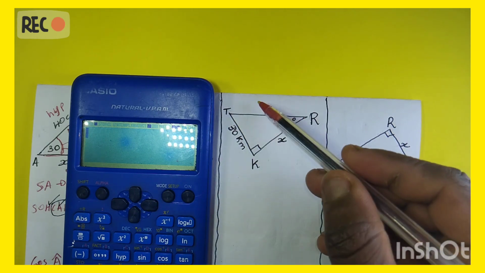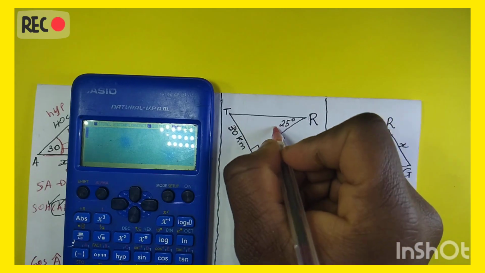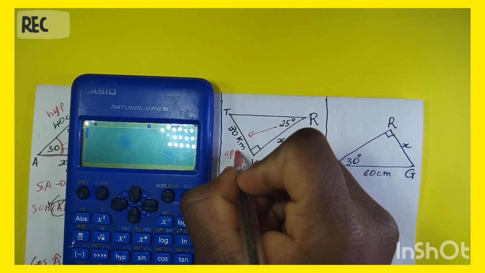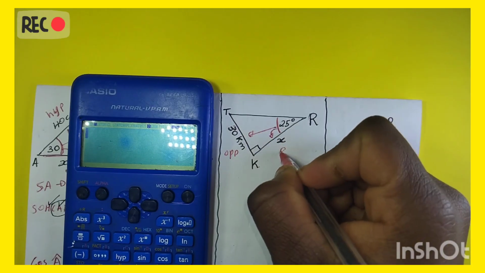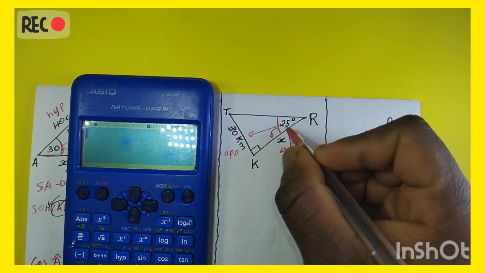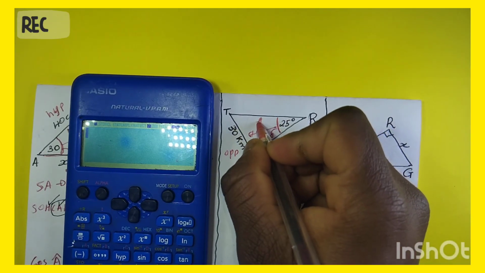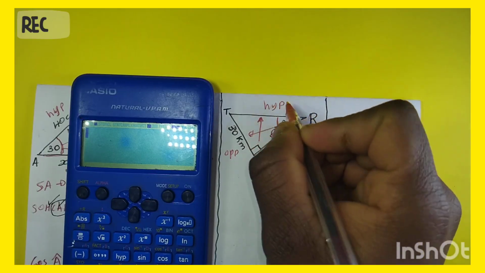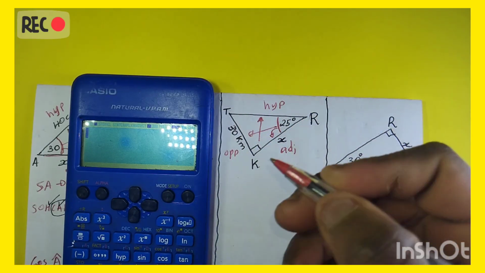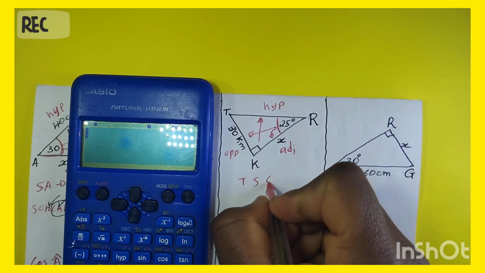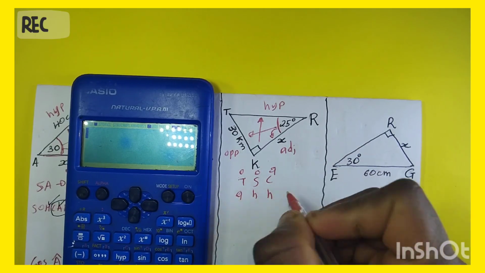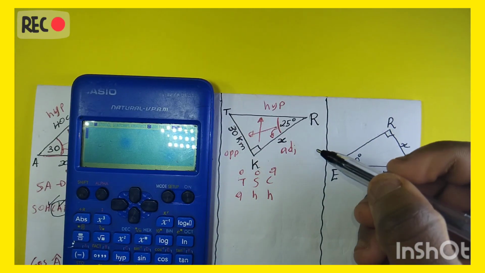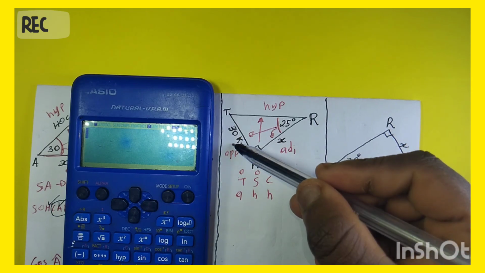So for this one, what do you do? This is what you do here. It's opposite, because it is opposite that angle. This one is adjacent. It is the side which is next to the angle. This one is the hypotenuse. It is opposite the 90 degrees. Now I can say TSC, that is A, O, O, H, H. So now I will tick what I have and what I need.